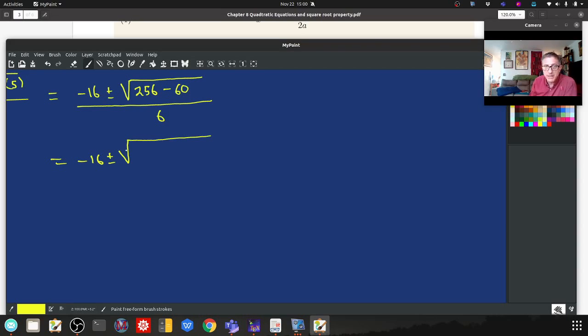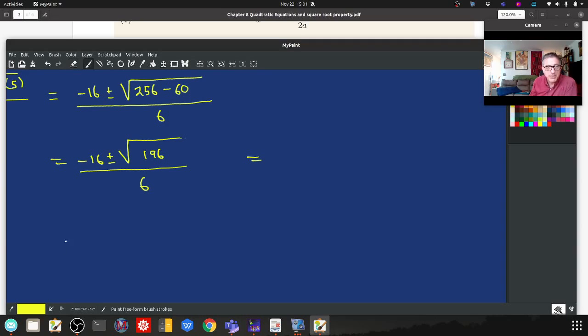But now that we've got to simplify this, 256 minus 60 is 196. And I'm dividing everything by 6. Now, you should have memorized that 196 is equal to 14 squared.